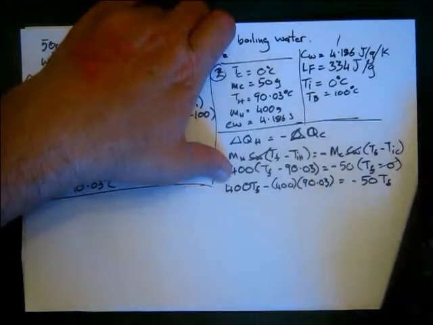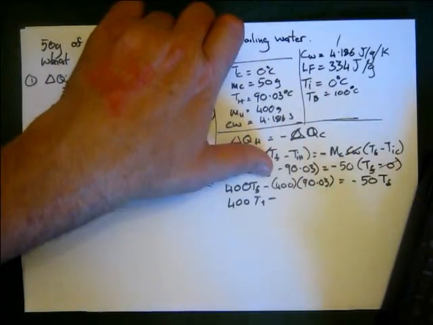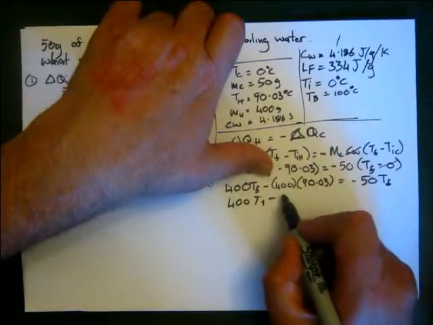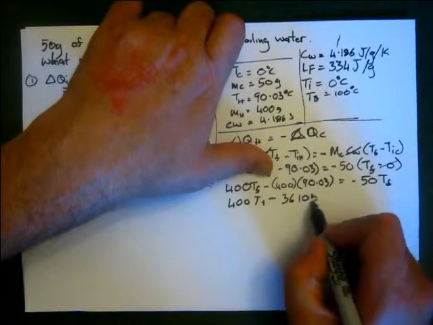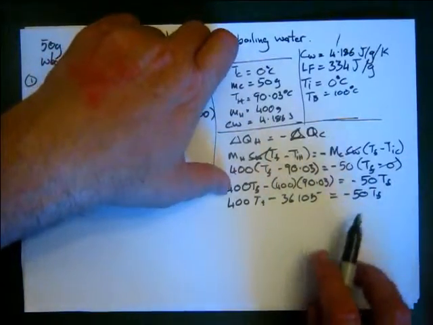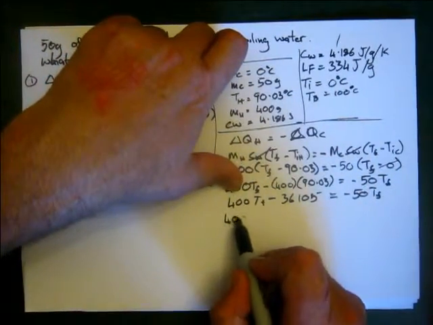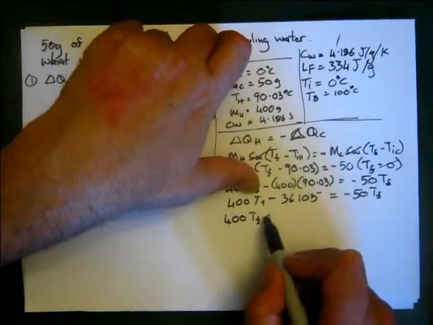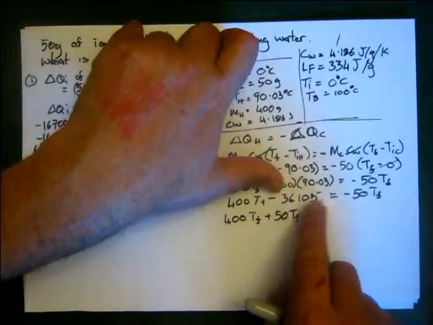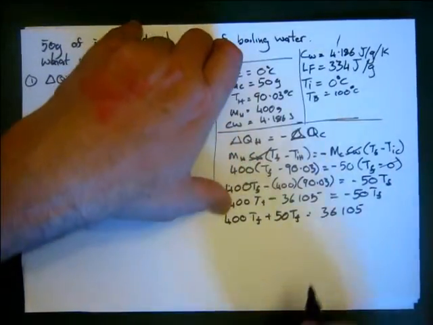So that's 400 TF minus 400 times 90.03, which is 36,105, equals negative 50 TF. Now we just rearrange everything. TF comes across to this side, so we add 50 TF to both sides: 400 TF plus 50 TF equals, and then we add that number to both sides, 36,105.